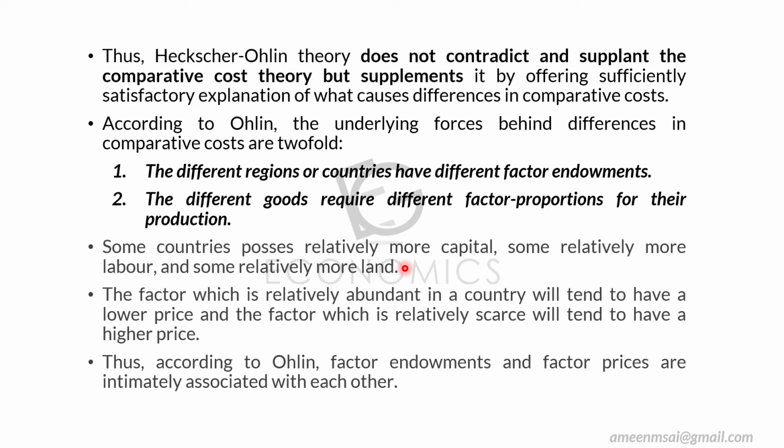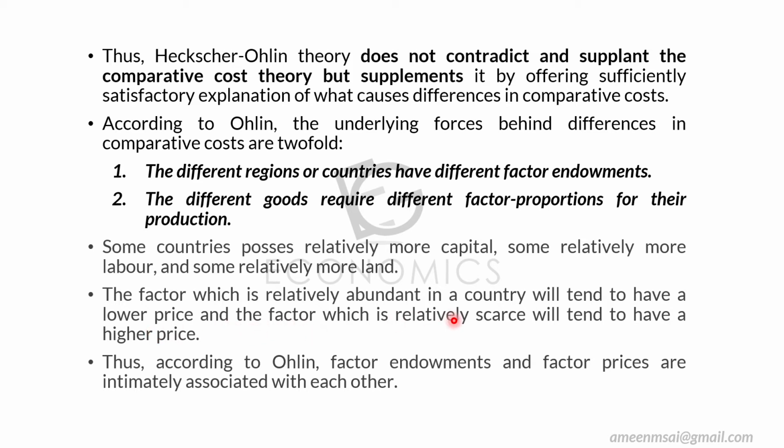Some countries possess relatively more capital, some relatively more labor, and some relatively more land. The factor which is relatively abundant in a country will tend to have a lower price. If we have more capital in our country, then the price of capital will be less. If we have more labor in our country, then the price of labor, or wage rate, will be less.